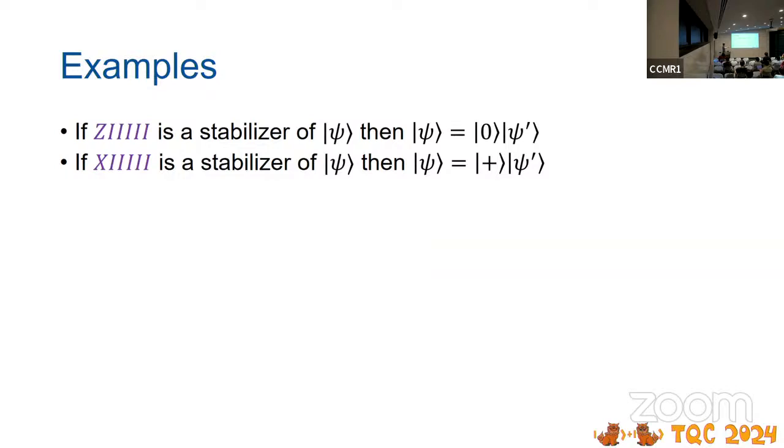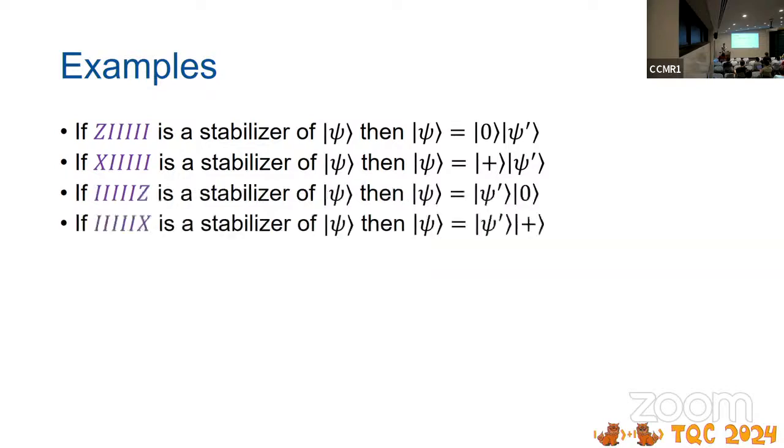Similarly, if I have XIIIII, then it has to be a plus state on the first qubit followed by some arbitrary state. So that's an example of how these constraints work. You can do a similar thing with the last qubit, for instance. These are very simple examples, and they demonstrate how we can show that certain qubits are unentangled, for instance if this qubit is unentangled with this psi prime over here.